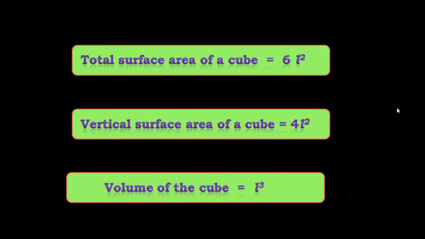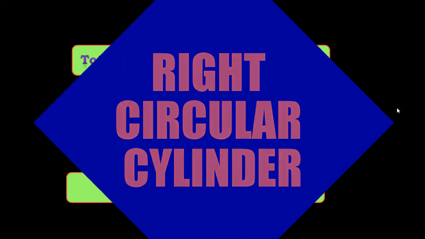Volume of cube will become L into L into L, that is L cube. So for cube you have to remember total surface area 6L square, vertical surface area 4L square and volume of cube equal to L cube.